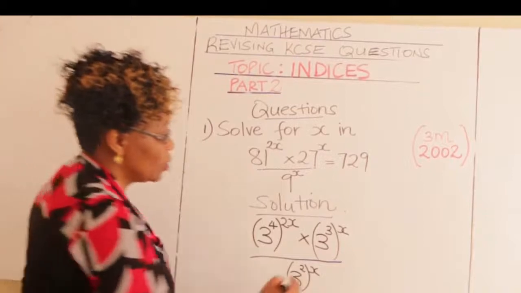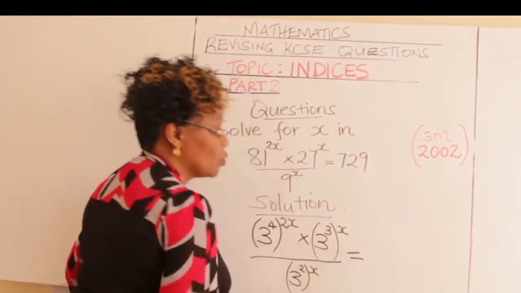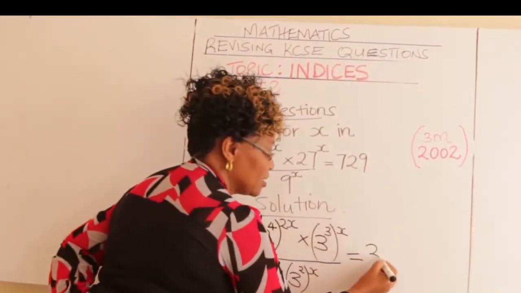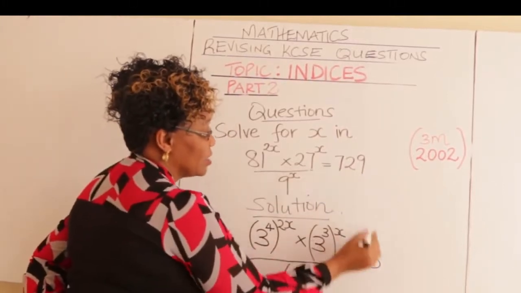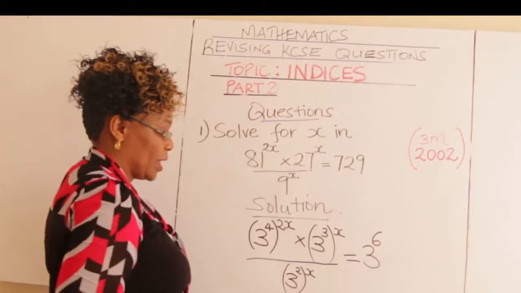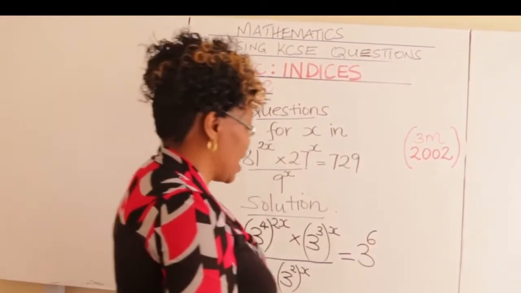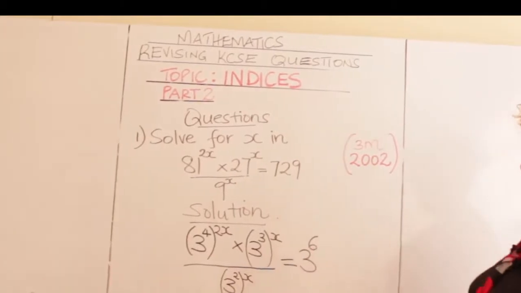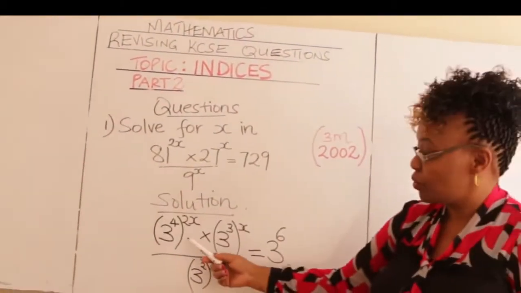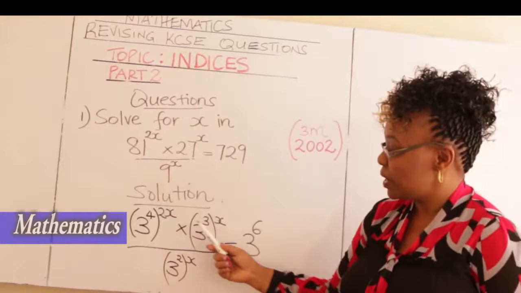Good. We go to the other side. This would be equal to 729, which is 3 raised to what? This is 3 raised to 6. After expressing all the terms using a common base, apply the laws of indices. Multiply these powers.